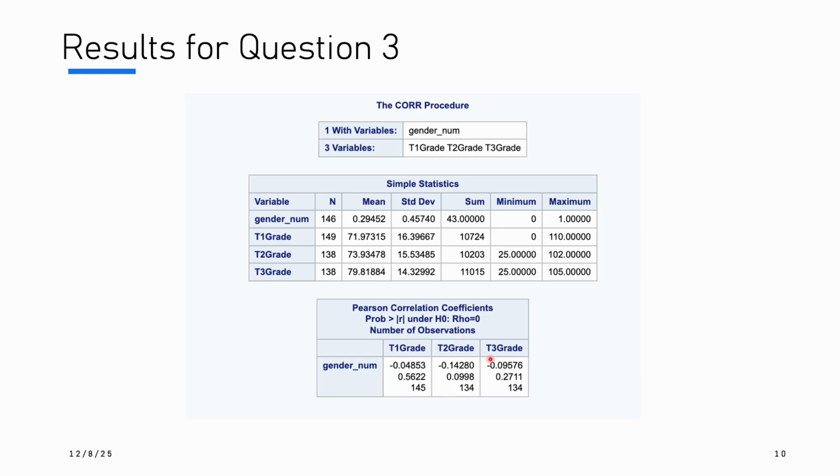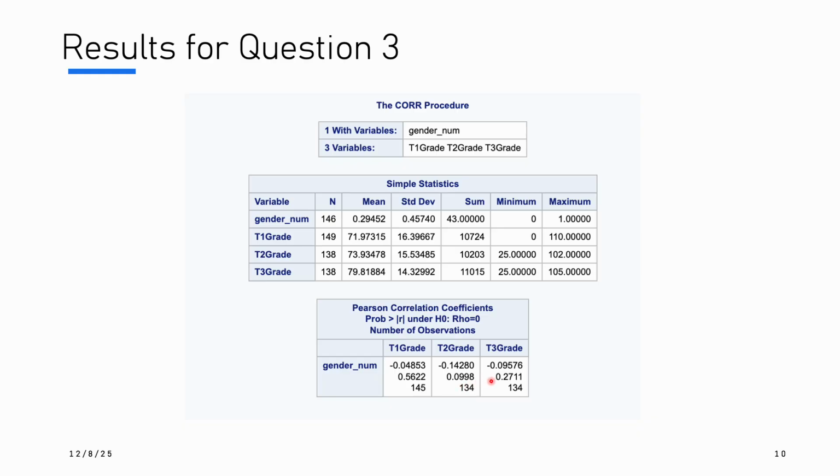A weak correlation indicates no association between gender and grade. The numbers below our correlation are our p-values. The first p-value was 0.5622. Our second p-value was 0.0998.